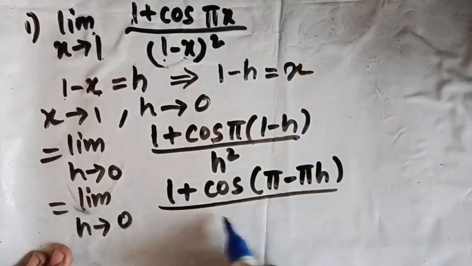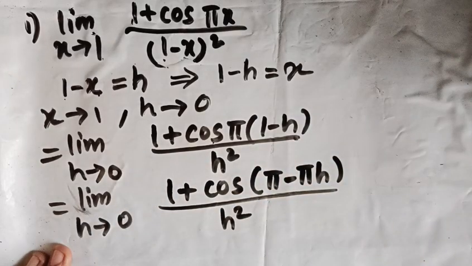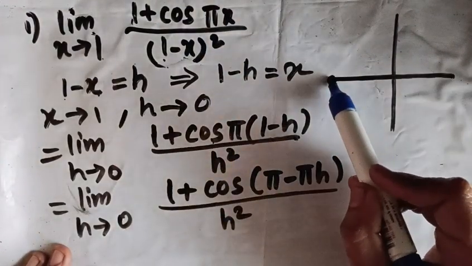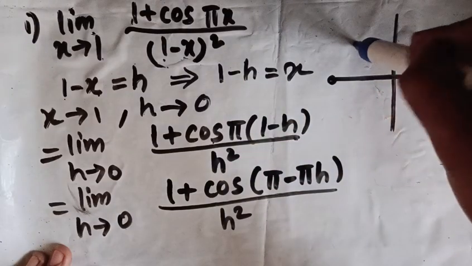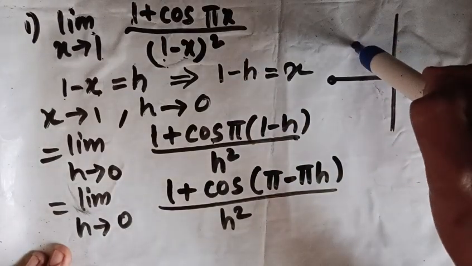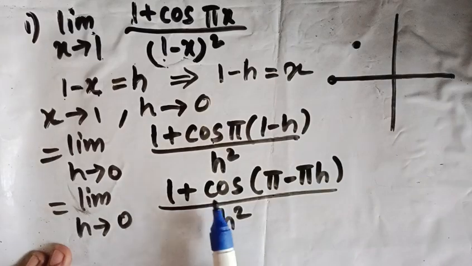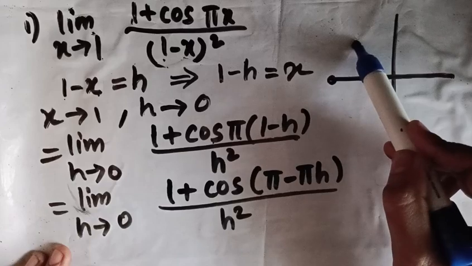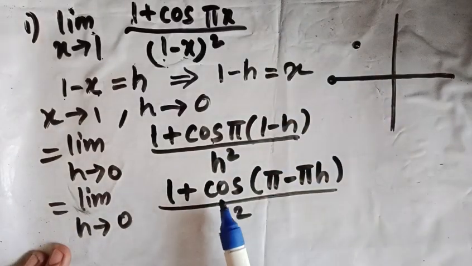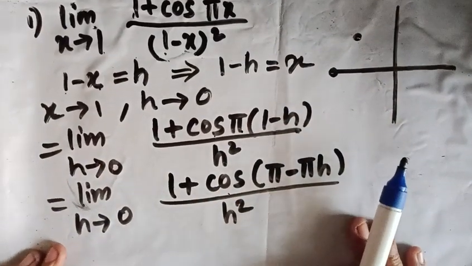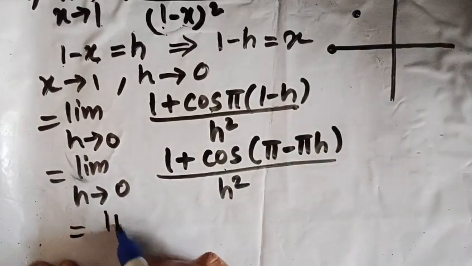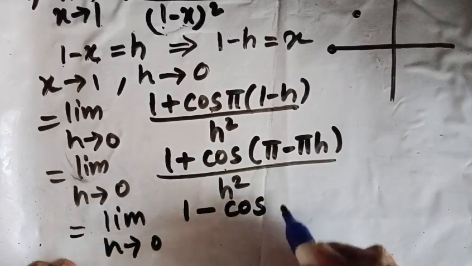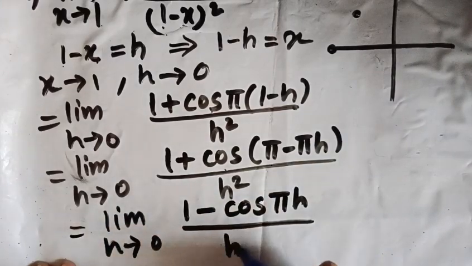Pi is 180 degrees, and we are subtracting something, so the angle is in the second quadrant. Pi means there is no transformation, so cos remains cos. In the second quadrant, sine and cosec are positive, the rest are negative, so the sign changes. So it becomes minus cos pi h. So we get 1 minus cos pi h upon h square.